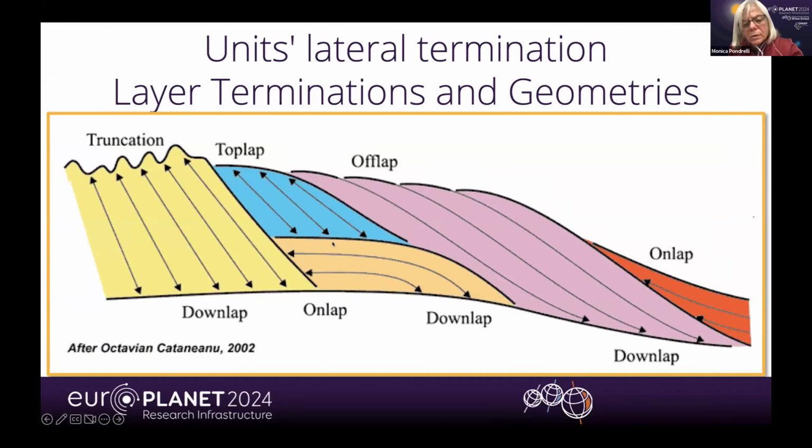Instead, if we have horizontal layers which pass to inclined layers, and then finish against the surface with this geometry, we have what is called offlap, the entire geometry. The way in which they hit the base is called downlap. The inclined beds are called clinoforms.